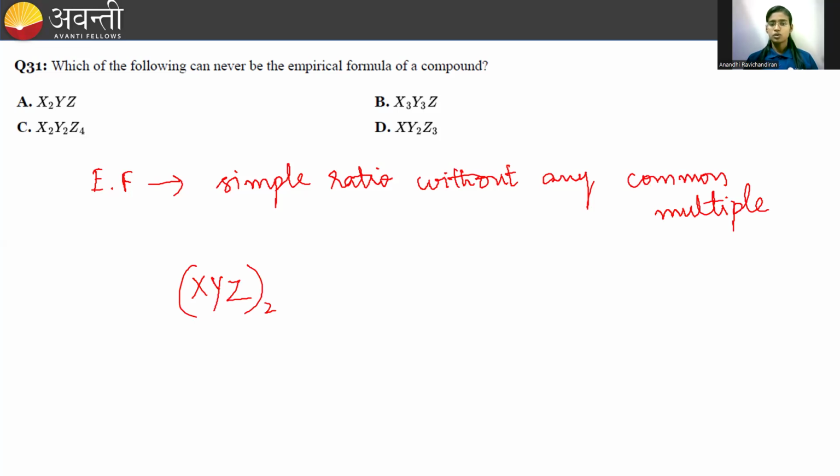Hence the empirical formula should actually be XYZ to the base 2. Got it? So option C can never be the empirical formula of a compound. It should be XYZ twice. Option C is the correct answer for this question.